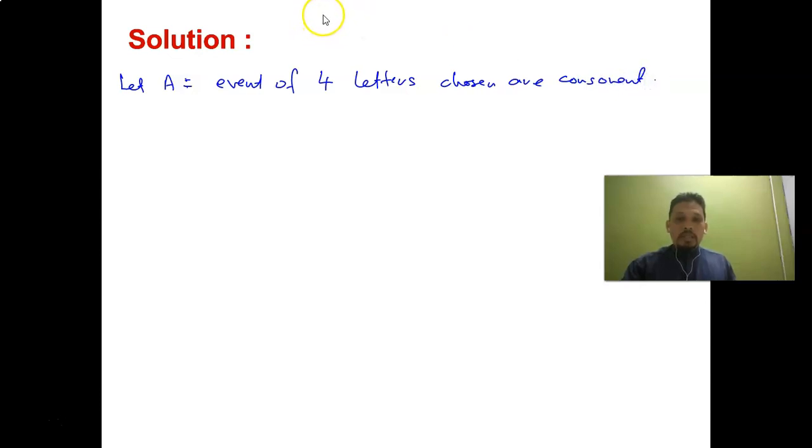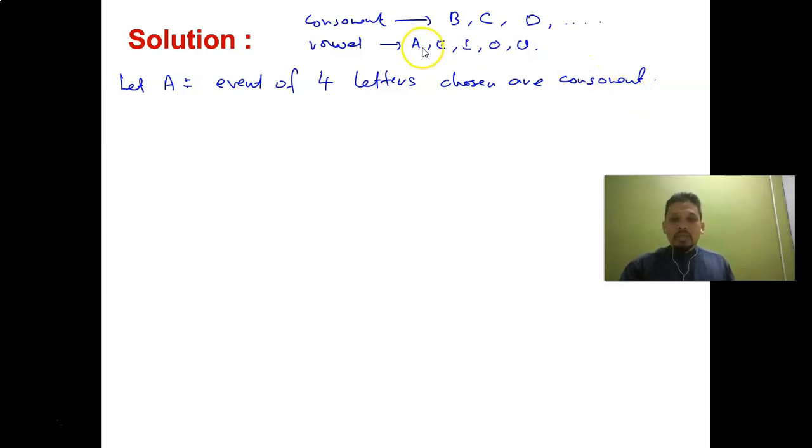So class, the letters A, B, C, D until Z are divided into 2 parts, which are consonants and vowels. So consonants are B, C, D, and so on, and vowels are only A, E, I, O, and U, full stop. So the rest of A, E, I, O, U are all consonants.